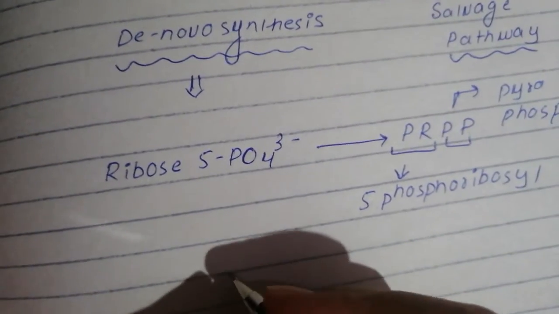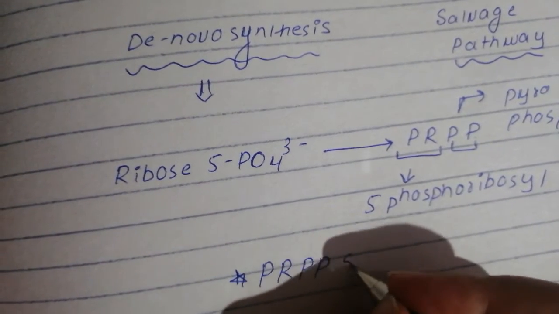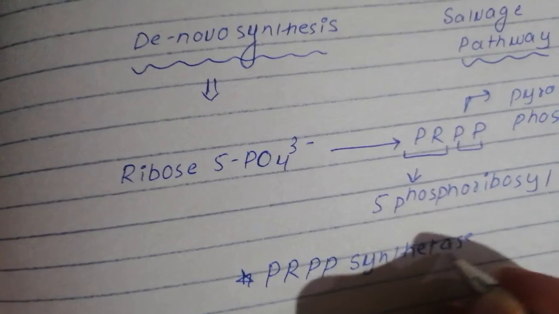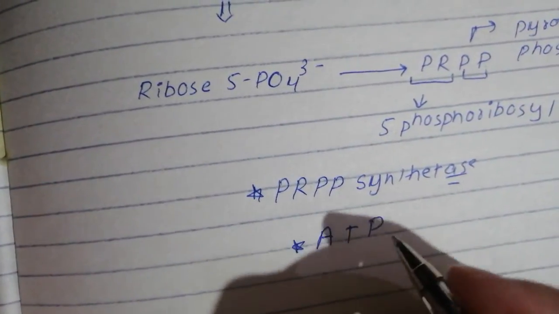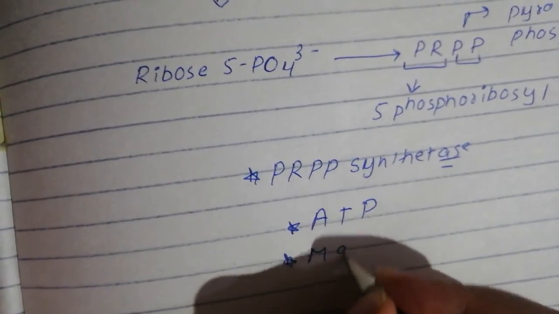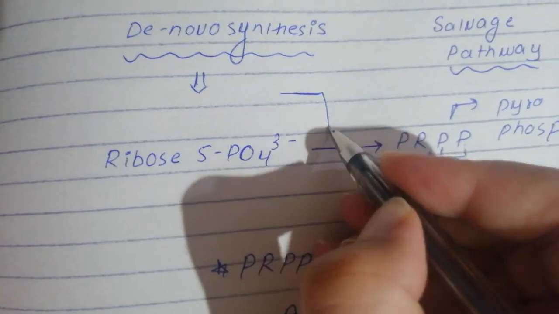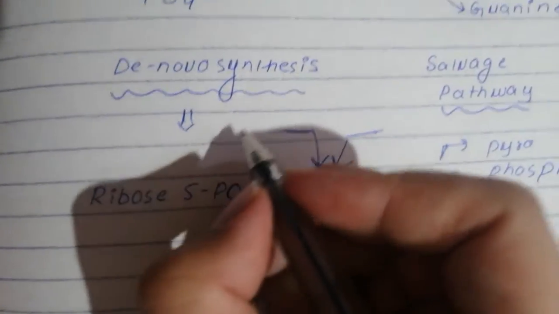And interestingly, the enzyme is really easy. It is PRPP synthetase. Synthetase means synthesis requires ATP. There's also the use of a cofactor, which is magnesium. Other important things are the allosteric activators and the inhibitors, which is very important. The regulation of this synthesis is important.